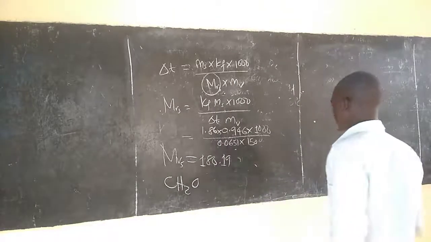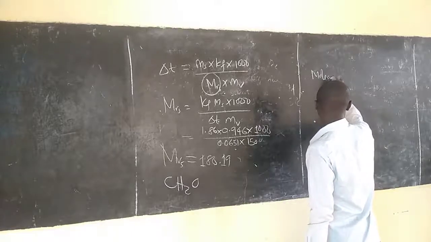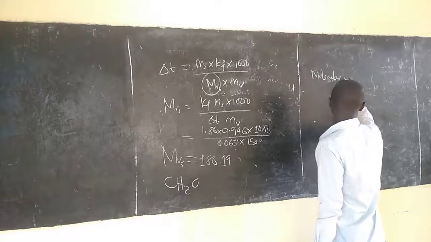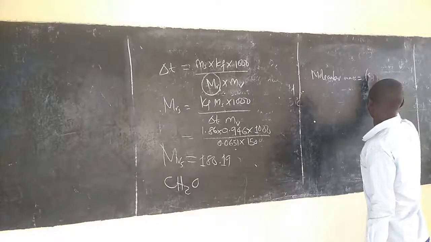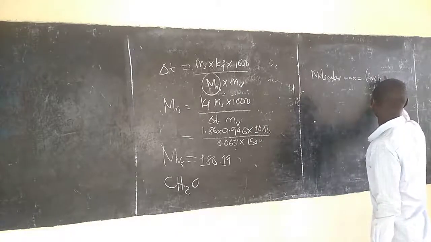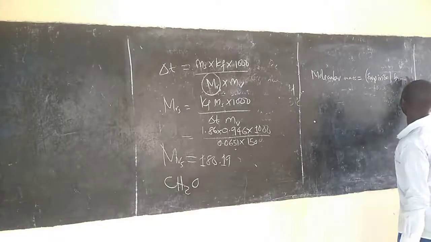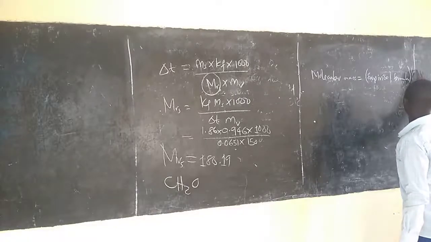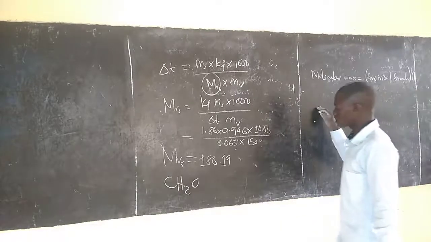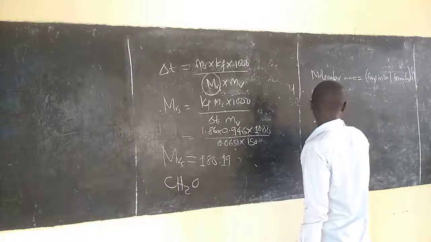So we say molecular mass is equal to empirical formula times N.